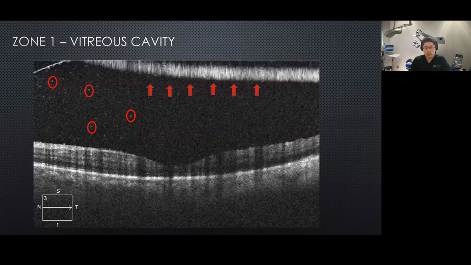Here we have another case of something in the vitreous cavity, presence of hyper-reflective dots, and also this hyper-reflective band, which is somewhat associated with the posterior hyaloid, which has lifted off from the surface of the retina. At the same time, we see these little deposits on the surface of the macula as well.